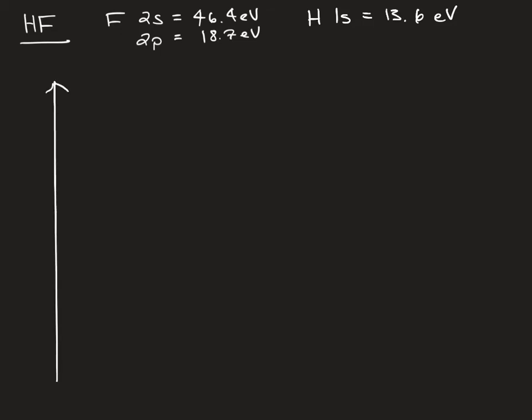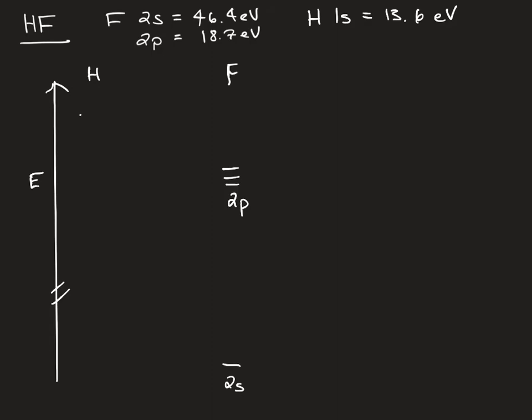So going through, we're going to draw this out. Here, we're going to put hydrogen over here and fluorine over here. We have our fluorine 2p orbitals, and then buried down significantly lower in energy is the 2s orbital.